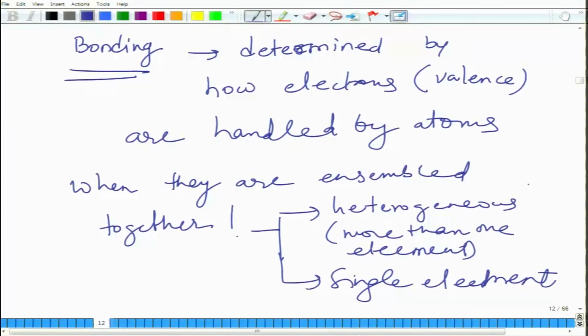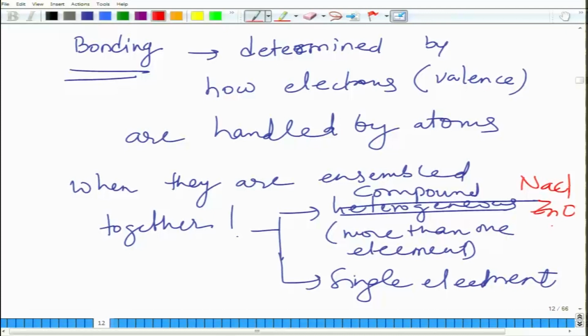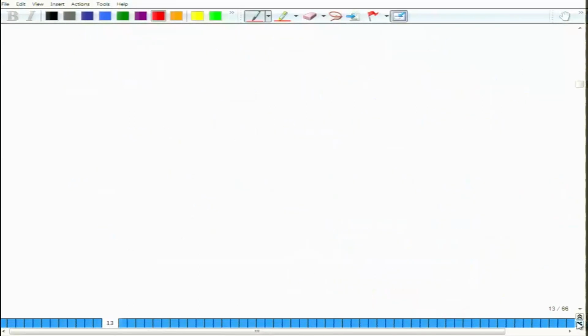For the first case, I would say compounds, not heterogeneous, for example things like sodium chloride, zinc oxide and so on. And here it would be anything which is single, like iron, cobalt, nickel, aluminum. Okay. So, let us see what different kinds of bonds there are.